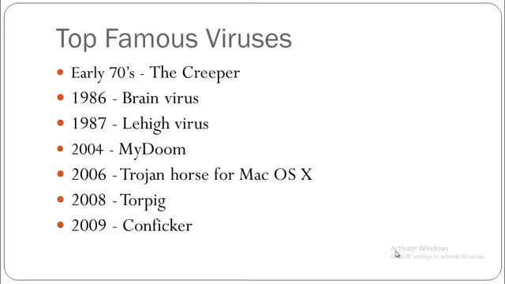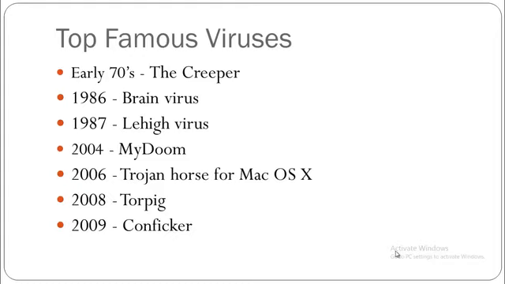After that, we had the Lehigh virus in 1987. It was the first memory resident file infector that attacked all executable files and took control when a file was opened and whenever it was closed. After that, later on, we had the Jerusalem virus, which I have not yet mentioned over here. Jerusalem virus had bugs inside that reinfected files that were already infected.